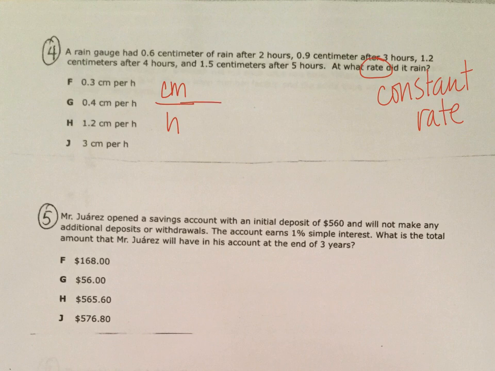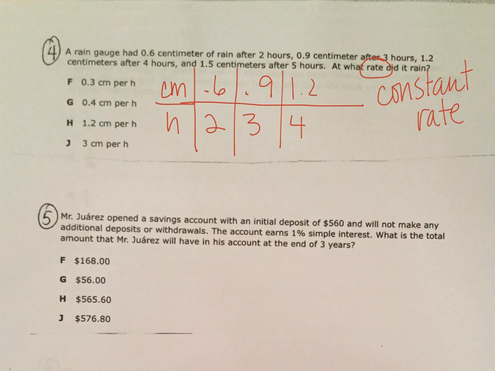So after 2 hours, it was 0.6. After 3 hours, it was 0.9. 4 hours was 1.2. And 5 hours was 1.5. Each of these hours is increasing by 1.